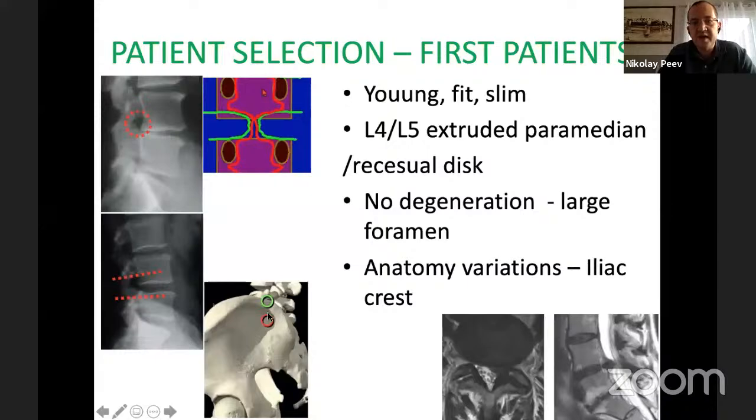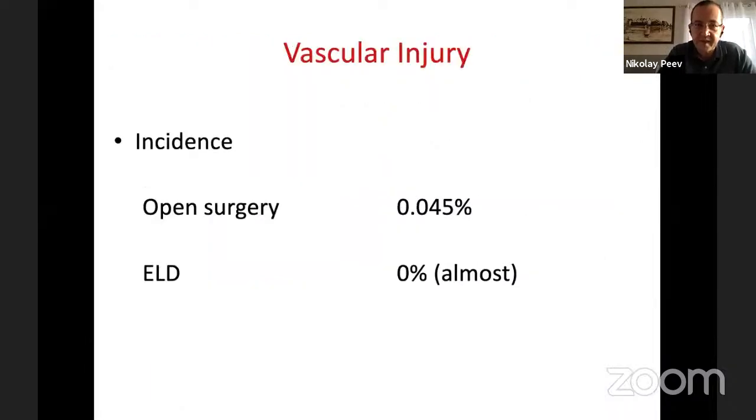You have to consider anatomical variations. Sometimes you can see the iliac crest quite high, especially with male patients. So you have to be sure that the iliac crest is also not in your way. Even at L4, L5, sometimes the iliac crest can be very difficult to overcome.